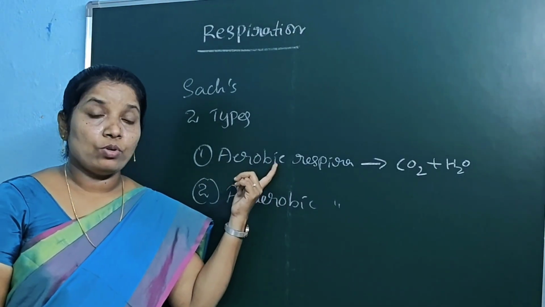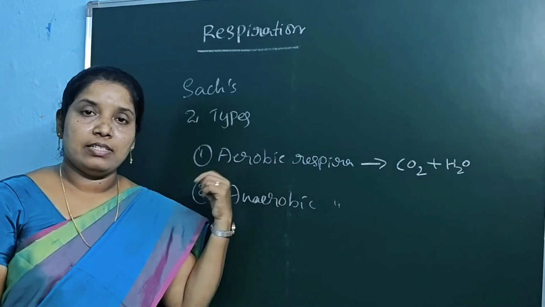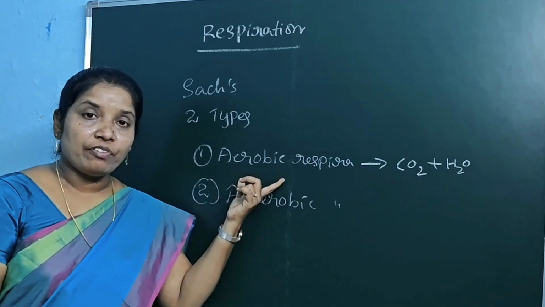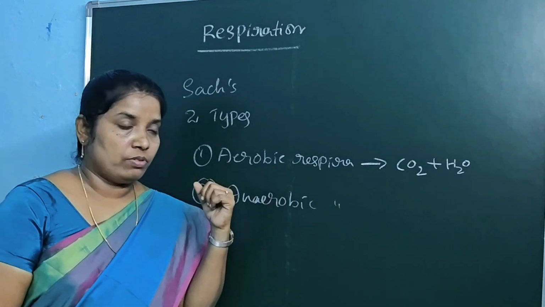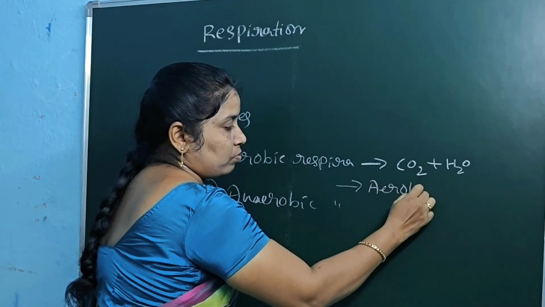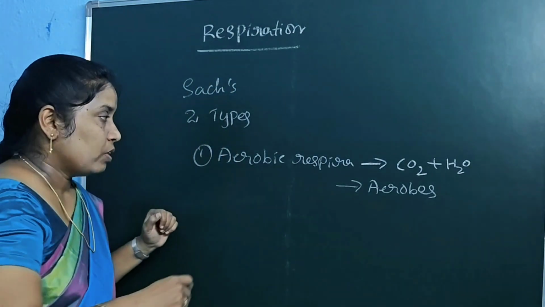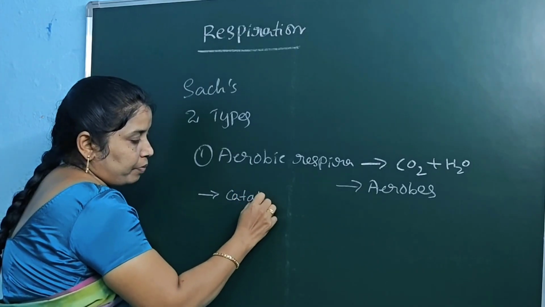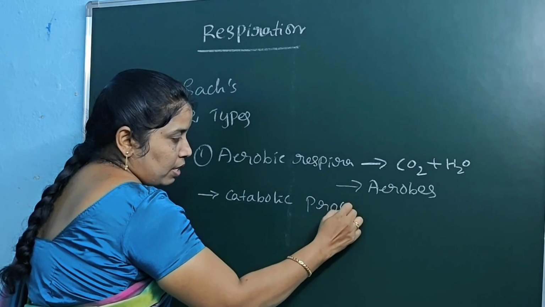It occurs in most eukaryotic organisms such as plants and animals. The organisms which carry out this kind of cellular respiration are called aerobes. Let's see aerobic respiration in detail. First, it is a catabolic process.